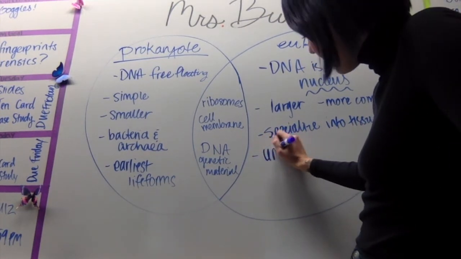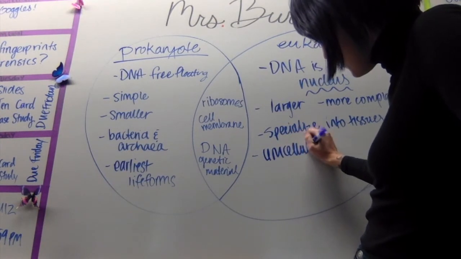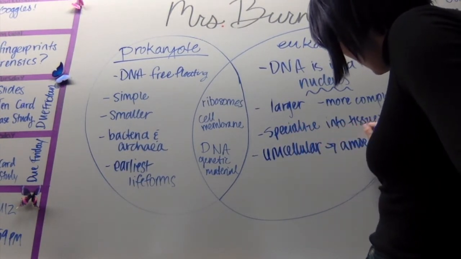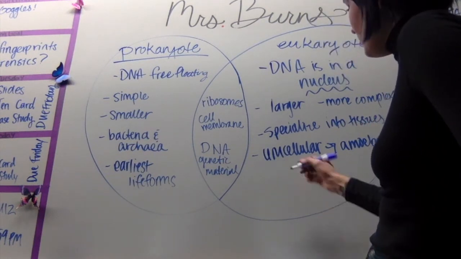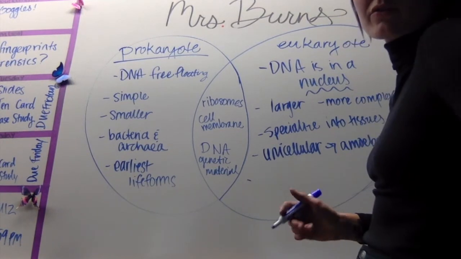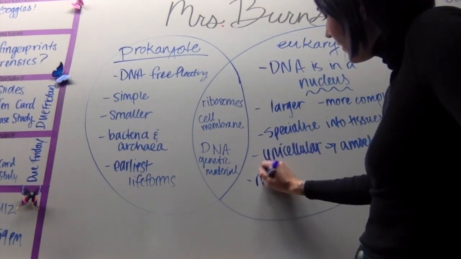Unicellular, like an amoeba, which is essentially just one big living thing that has all of its DNA in a nucleus, or they can be multicellular, like us.